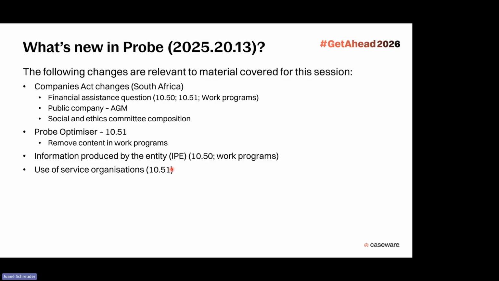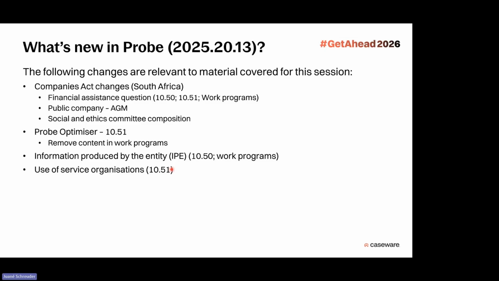So disclosure line items, let's say related parties or something like that. You can now also indicate that, and then your work program will also prompt you for specific procedures with regards to the service organizations. So those are, I almost want to say, the biggest changes to the probe methodology. There weren't any big standards coming in that changed, so those were mostly the changes.